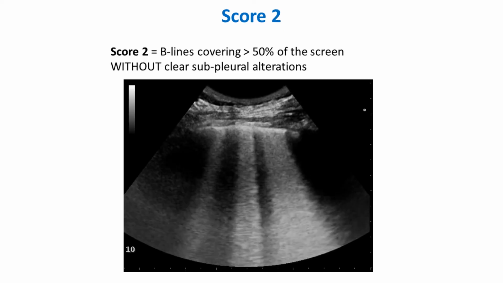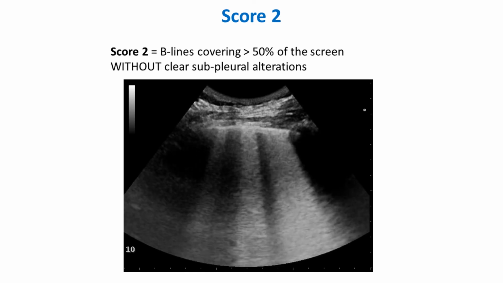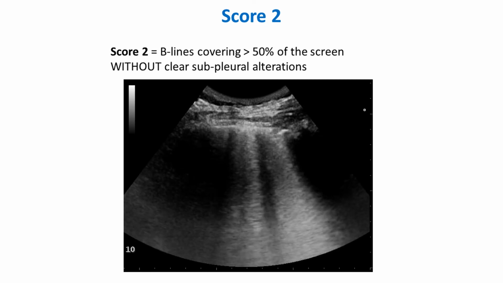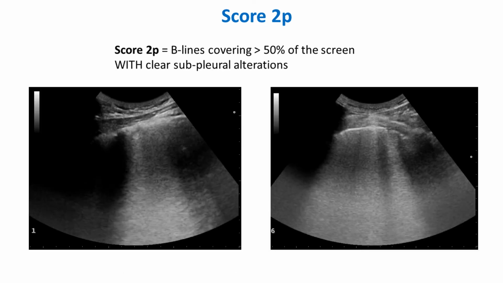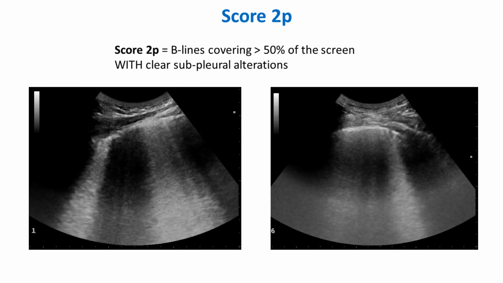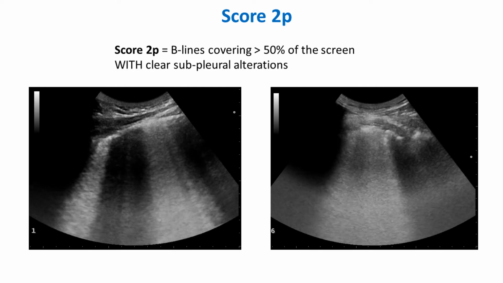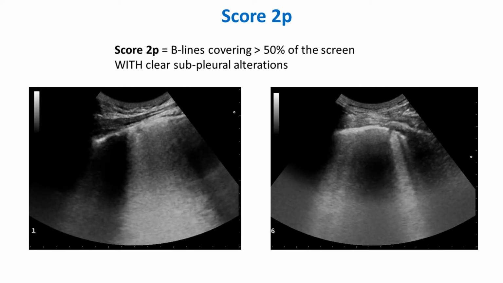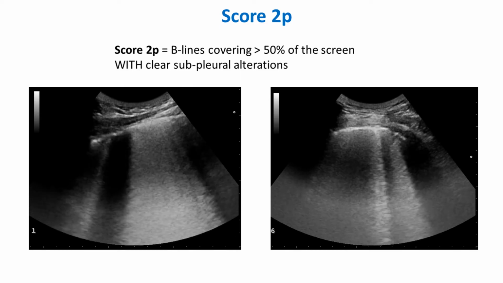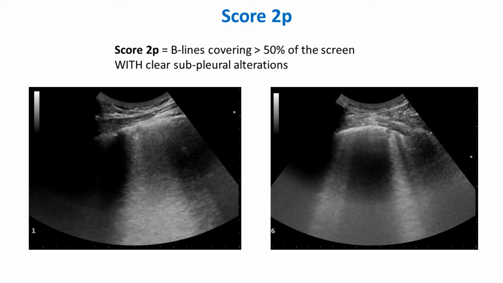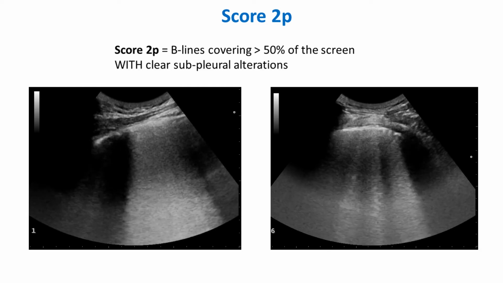We give a score of 2 when B-lines cover more than 50% of the screen without clear subpleural alterations. And also in this case, we add the letter P if we have clear subpleural alterations with B-lines covering more than 50% of the screen. The percentage should be referred to the part of the screen below the pleural line.